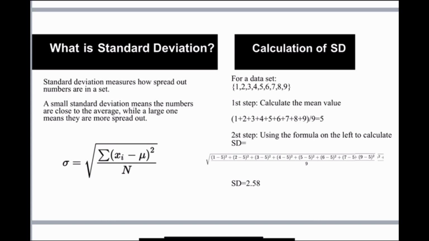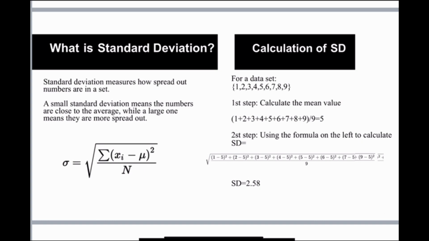The above is a dataset from 1 to 9. First, we sum the data and divide by the total number, and we get a mean of 5. In the second step, we use the general formula.